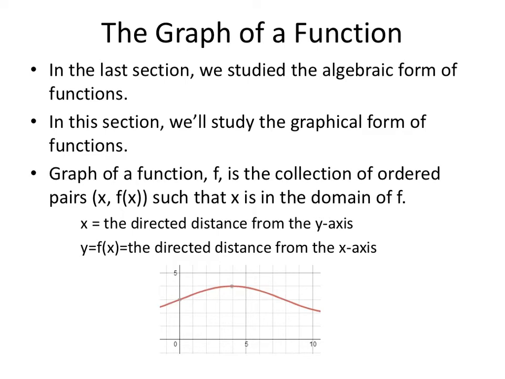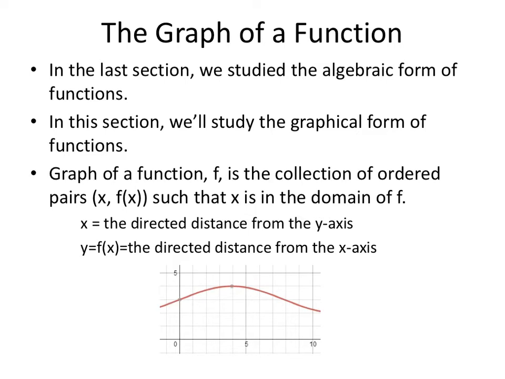We want you to realize that the graph of a function, any function, we're going to name this function f, is the collection of ordered pairs, and that's usually called x comma y, or it can also be called x comma f of x, which is the value, the output of the function f at a particular value of x, such that x is in the domain of f. Function name is f, okay?